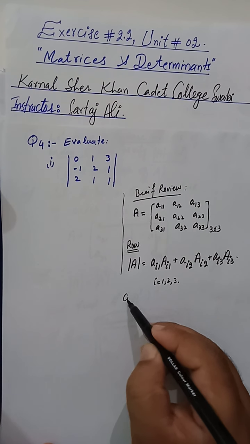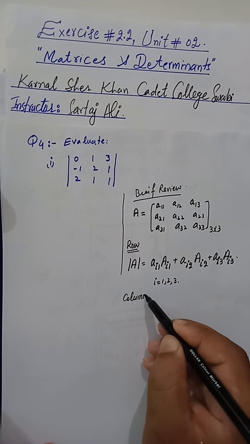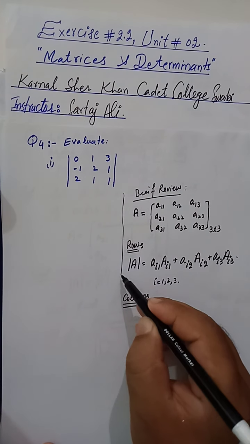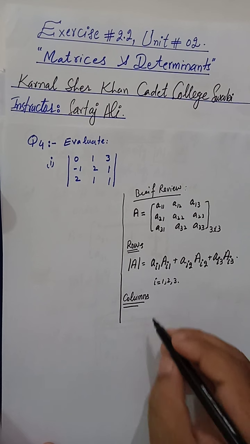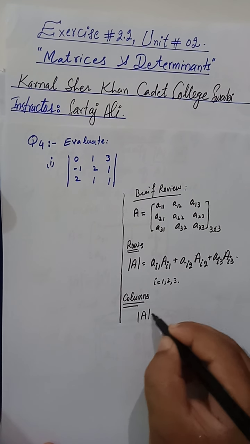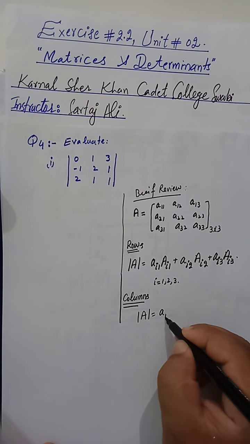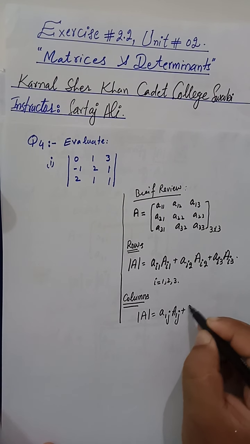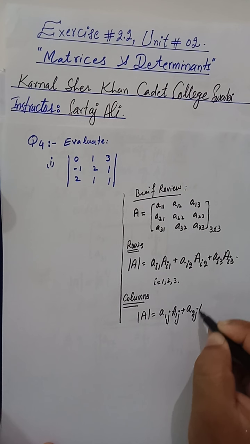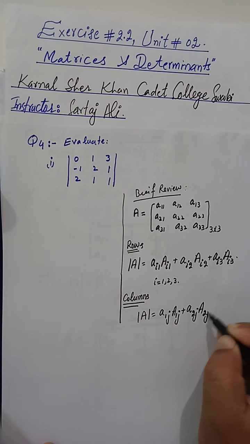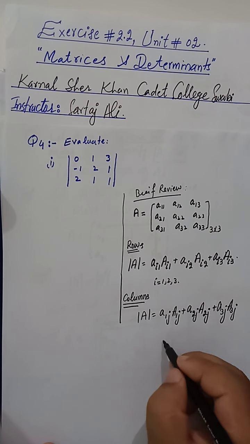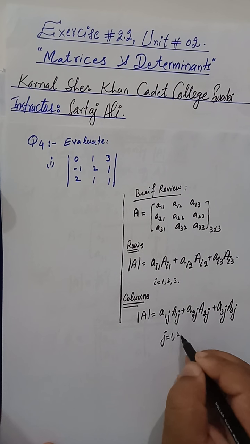Similarly, if you are interested in using the columns to find the determinant of the matrix, the general formula will be a_1j times capital A_1j, plus a_2j times capital A_2j, plus a_3j times capital A_3j, and j runs from 1 to 3.